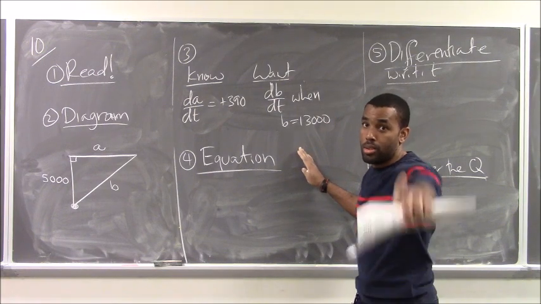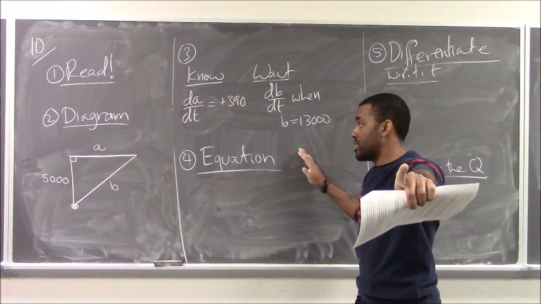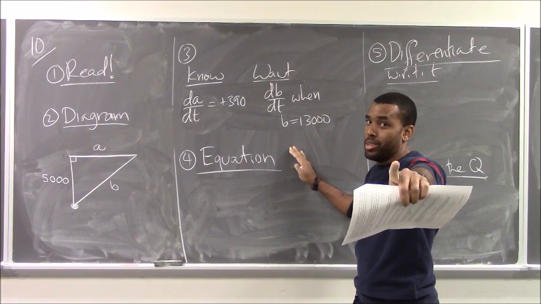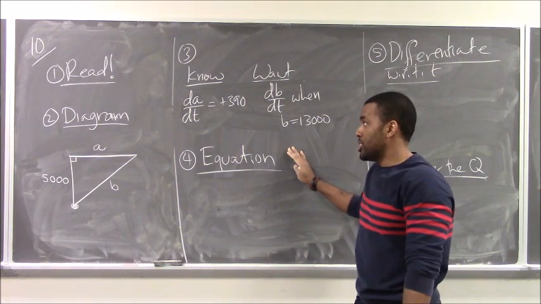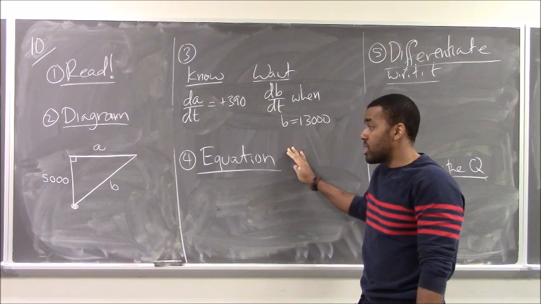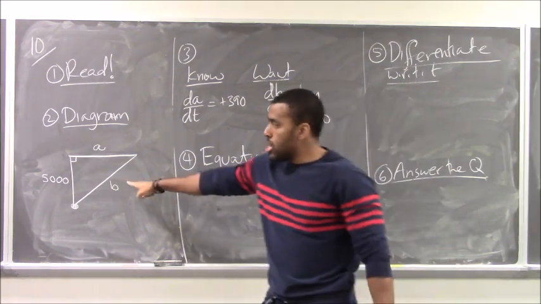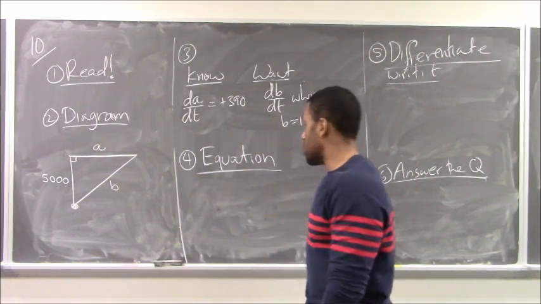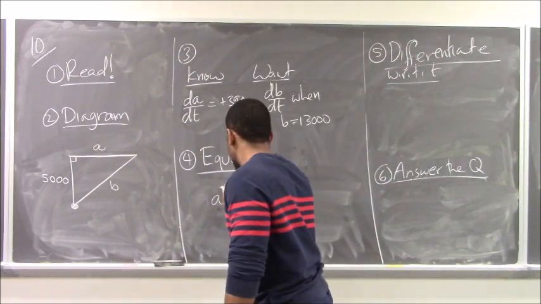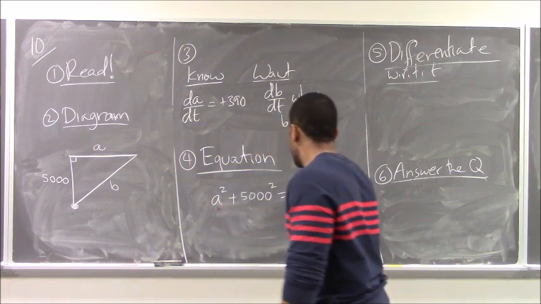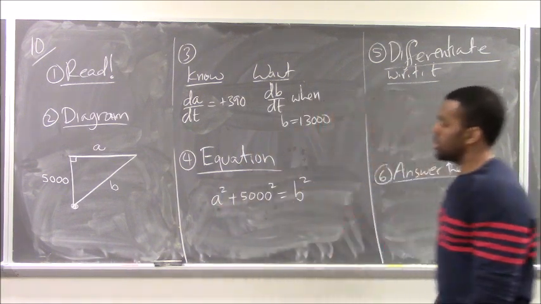Okay, so that's how that step would be filled out. Pause the video. I'll give you 3 seconds to come up with the equation. 3, 2, 1. Okay, so the equation that would apply here is again Pythagoras' theorem. The difference is here though, B is the hypotenuse, so it's actually A squared plus 5,000 squared equals B squared.